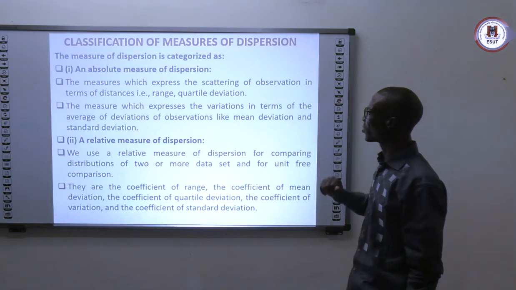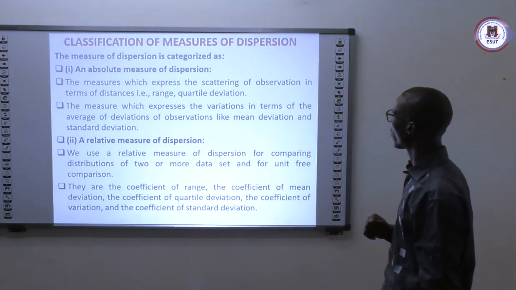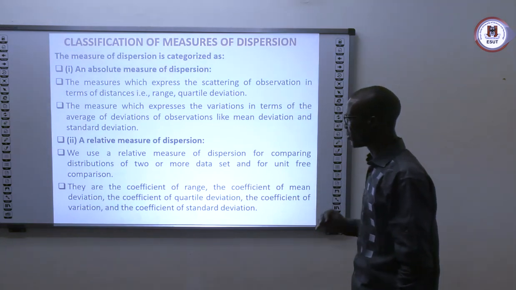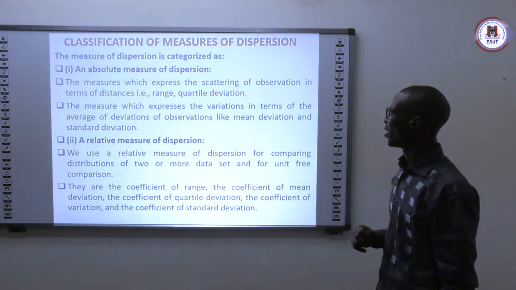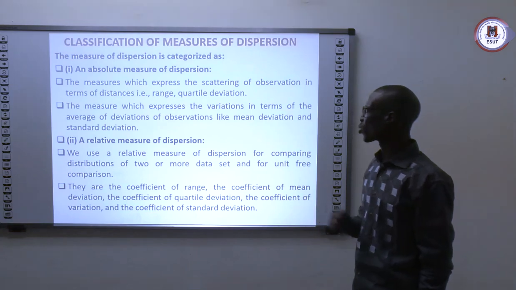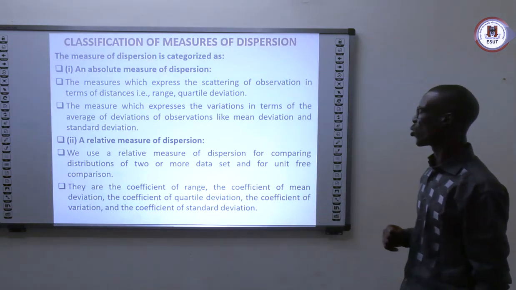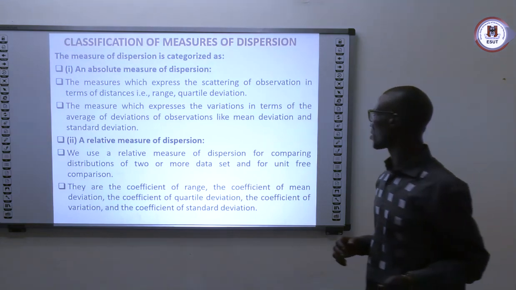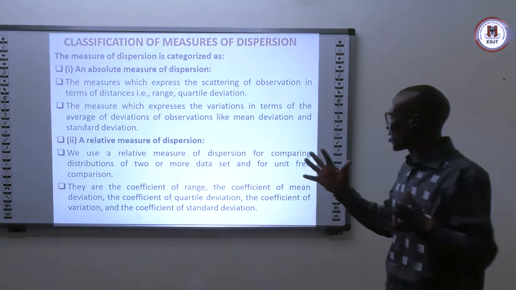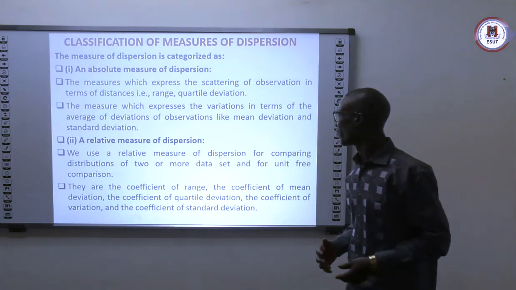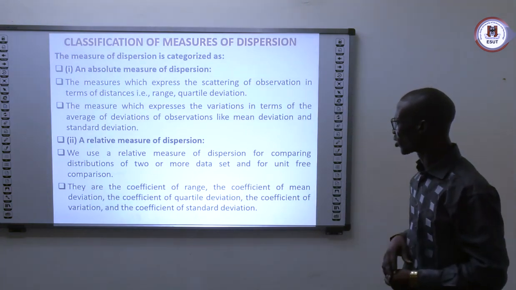So now let us see the classification of measures of dispersion. How do we classify them? We classify them in so many ways. A dispersion could be an absolute measure of dispersion. In an absolute measure of dispersion, we try to express the scattering of the observations in terms of distance. Here, we talk of the range and the quantile deviation.